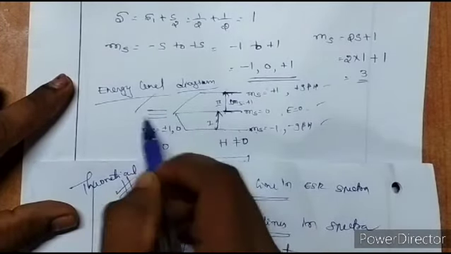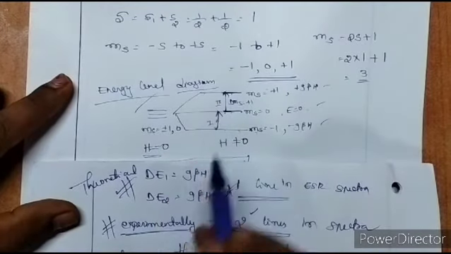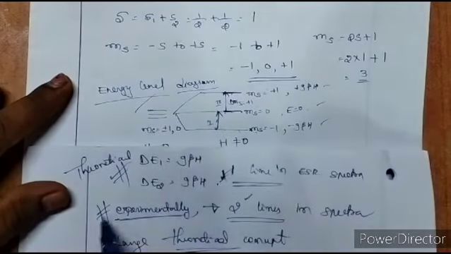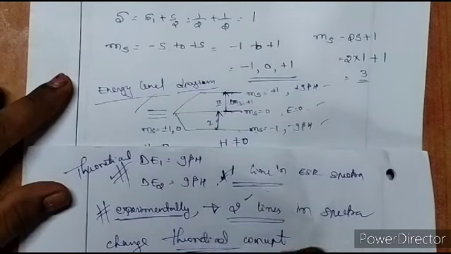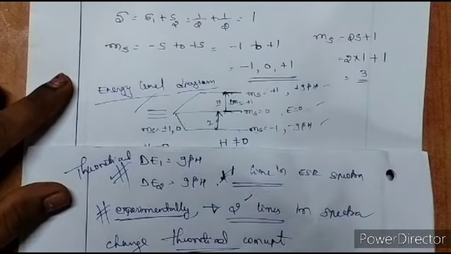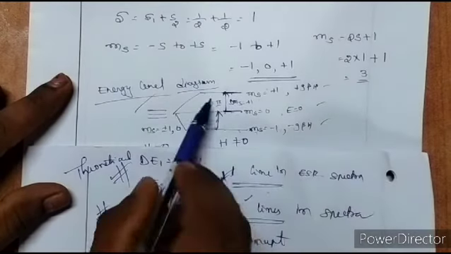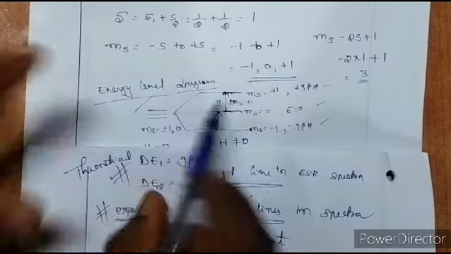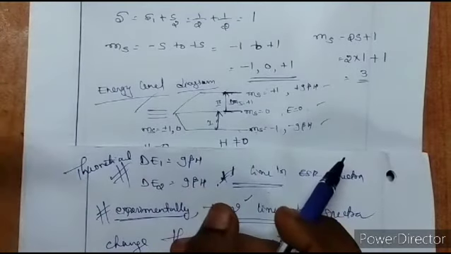If it were right, we could not explain why experimentally we are getting two lines. So there must be a change in the energy level diagram for the naphthalene biradical.